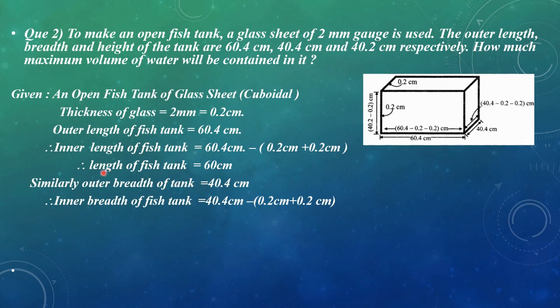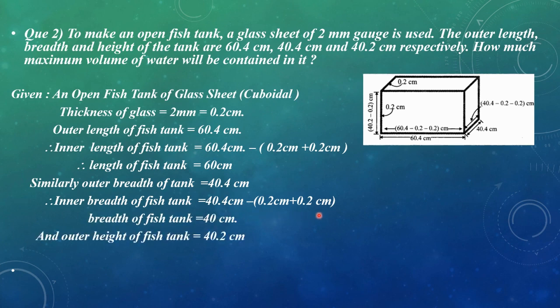Similarly, outer breadth of the tank is 40.4 centimeter and inner breadth of the fish tank will be 40.4 centimeter minus 0.2 centimeter minus 0.2 centimeter. So, breadth of the fish tank is 40 centimeter.